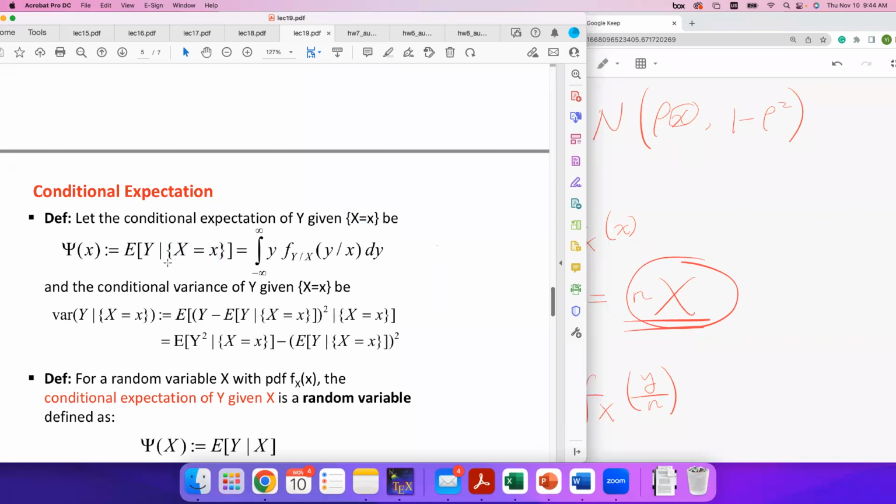And to compute this, this conditional expectation is defined as the following integration, which is very similar to the standard expectation, but we are just replacing the PDF in the standard expectation by this conditional PDF.